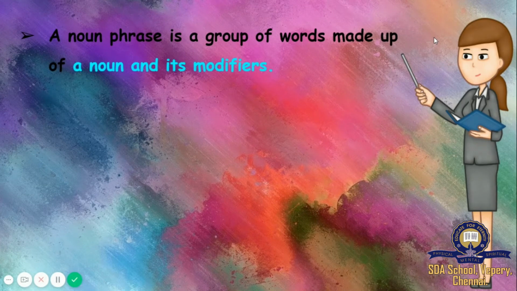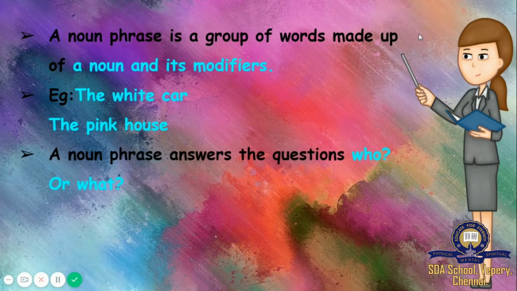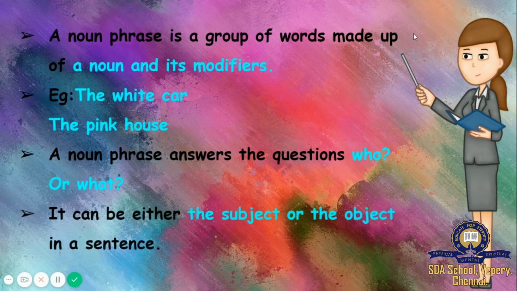So here a noun phrase is a group of words that does the work of a noun in a sentence. For example, the white car, the pink house are the examples for noun phrase. A noun phrase answers the questions who or what. It can be either the subject or the object in a sentence.